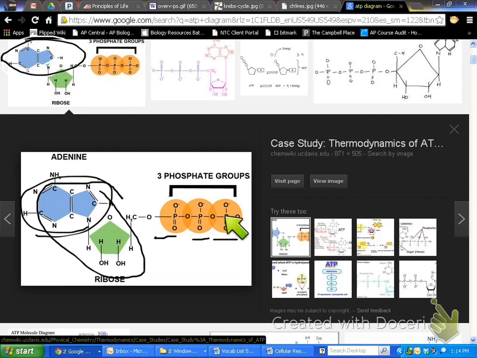It wants to shoot off this phosphate, so it has lots of energy already built up and really easily used. It breaks that bond and releases that energy. That's the reason why ATP is used up. And if we lose one of these phosphates, it becomes ADP, which is adenosine diphosphate, instead of adenosine triphosphate.